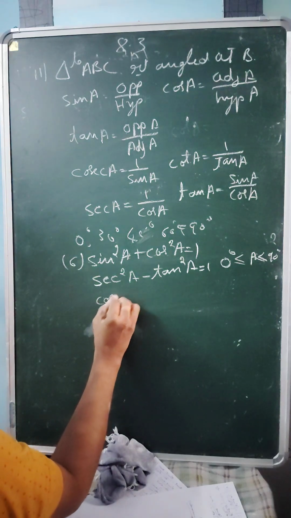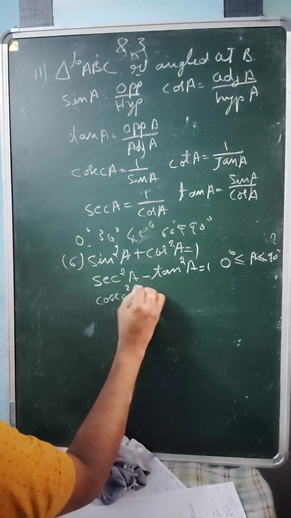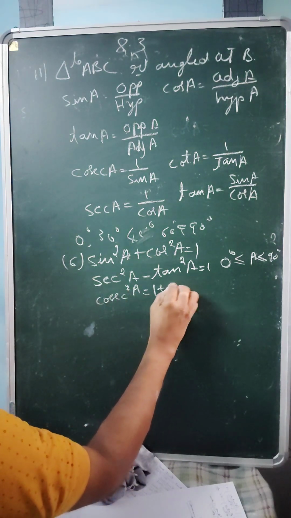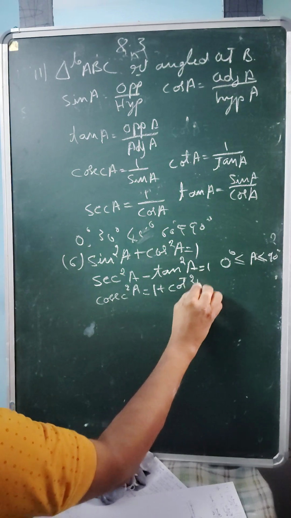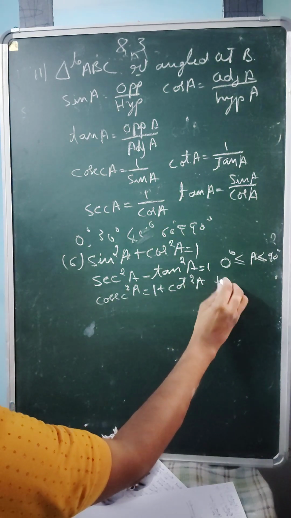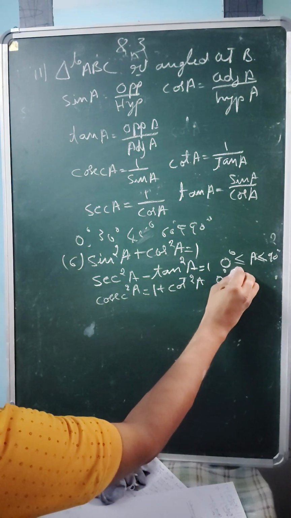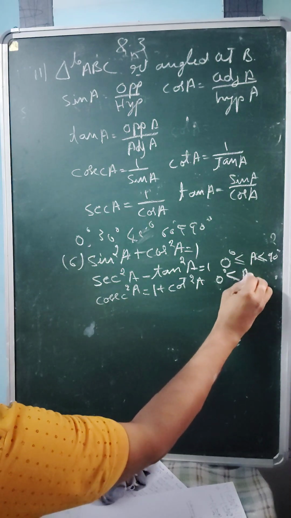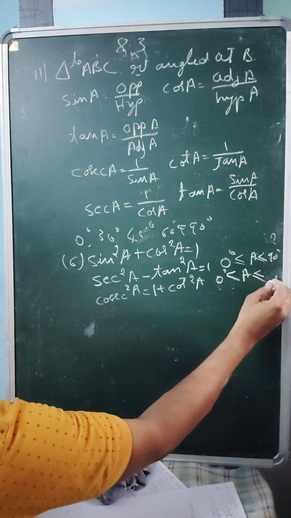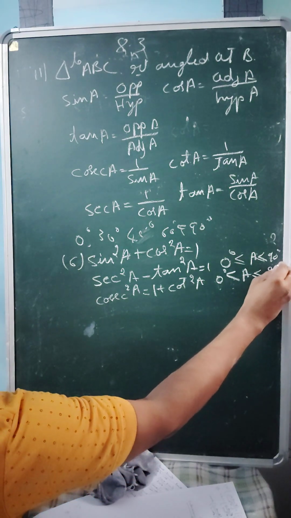And cosecant square A is equal to 1 plus cot square A for 0 degree less than A less than or equal to 90 degree.